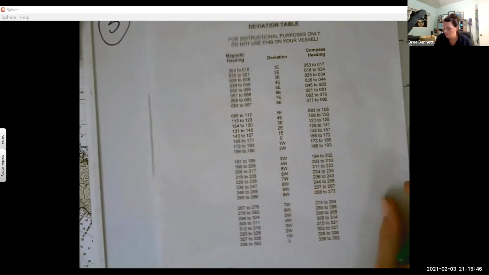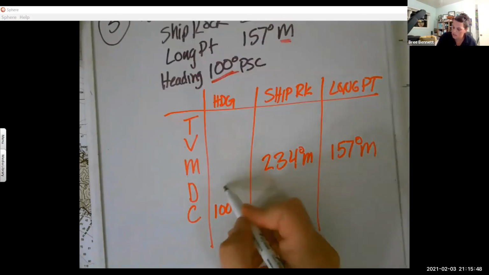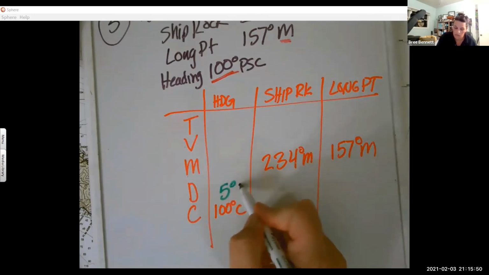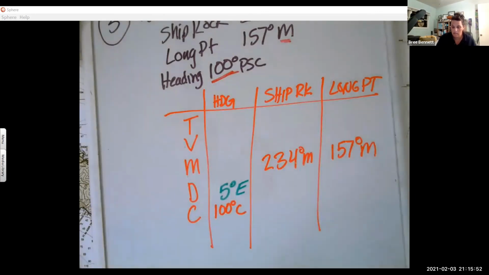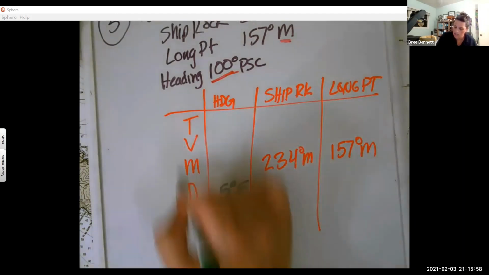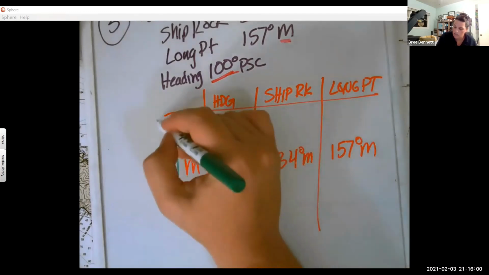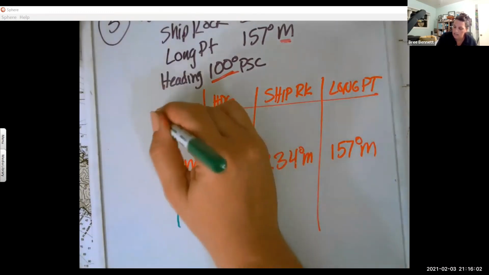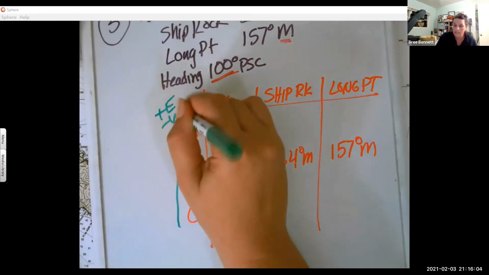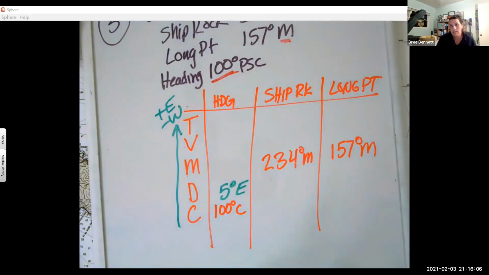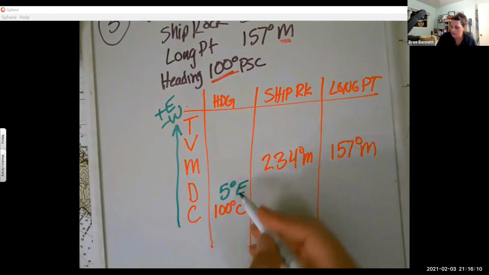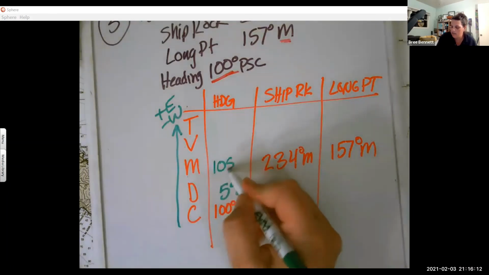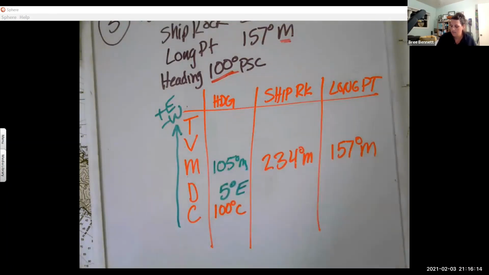Yeah, I think our answer sheet is wrong on that. 5 degrees east. If we're going this direction, we're going to be adding east, subtracting west. So we're going to be adding that number. So I have 105 degrees magnetic.